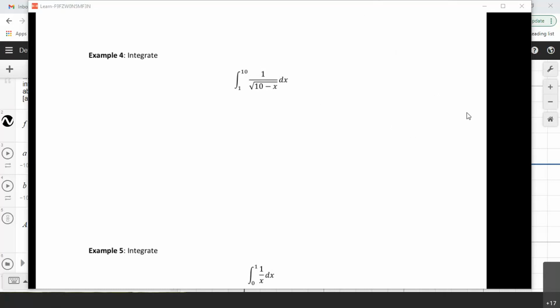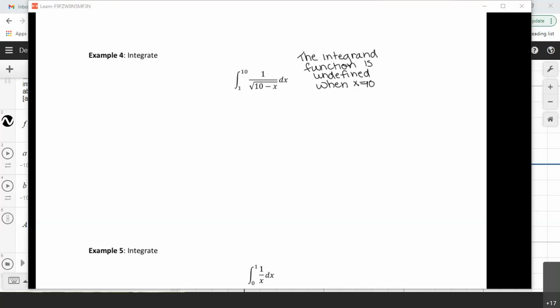So the integrand function is undefined when x equals 10, because you have 10 minus 10, that's 0. Square root of 0 is 0. 1 over 0. Can't divide by 0. That's undefined.